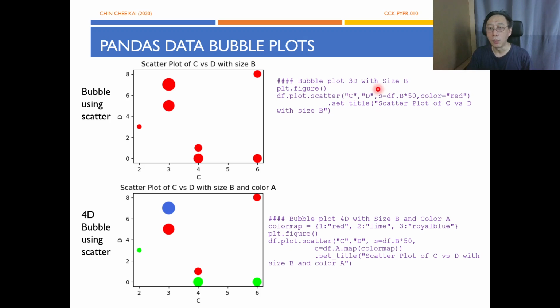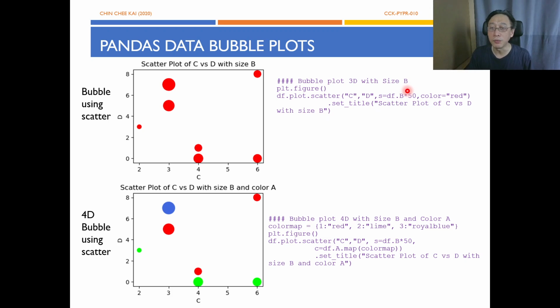So x comma y, and the size, S for size in the scatter command, is dependent on data frame B times 50, so that it can be more visually impactful. If you don't multiply by 50, big blobs are 2 pixels wide, small blobs are 1 pixel wide, and you can hardly see the difference. It's not so impactful.